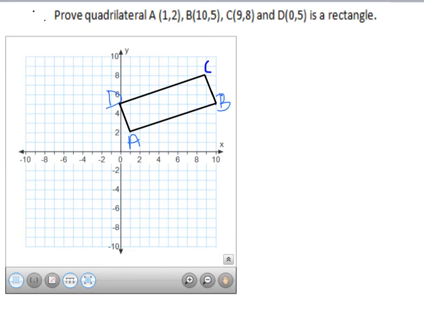Okay, for our second example, we're going to prove quadrilateral ABCD is a rectangle. So there are your 4 coordinates if you'd like to plot them, and I've already done so. I'm going to start off again by writing my slope formula, and once again I'm going to do rise over run.